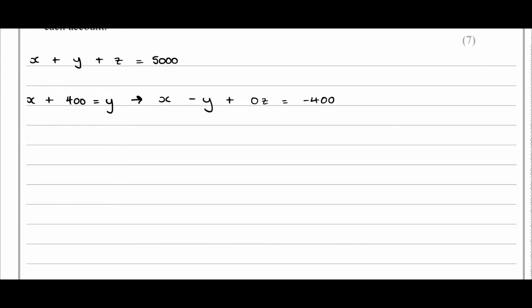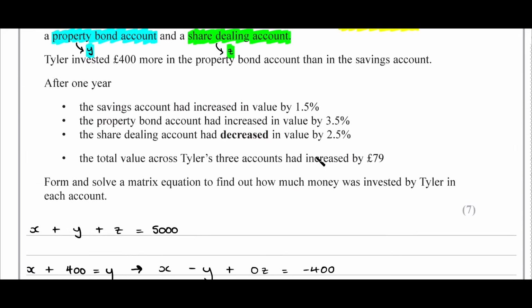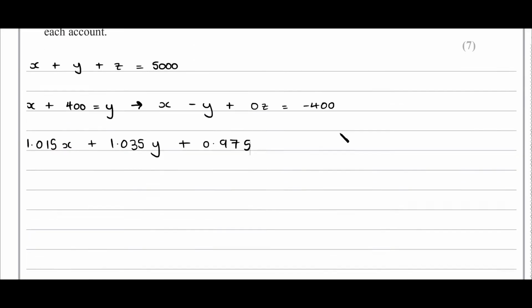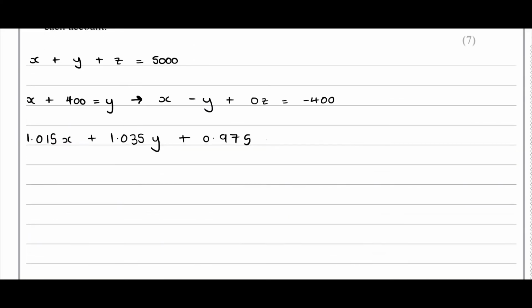What we mean by that, we have 1.015x plus 1.035y plus 0.975z, and the reason it's 0.975 is because we're decreasing by 2.5%. We end up with a total of 5079.